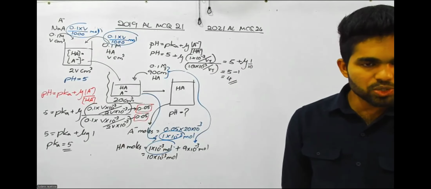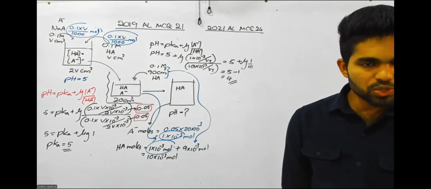Let's see how we can make that 4. So they are going to take 10 centimeter cube volume. Here you should have HA and A minus. You are adding HA now, so the A minus moles are not changed. That means the moles will be 0.1 into 10 into 10 to the power minus 3 moles.